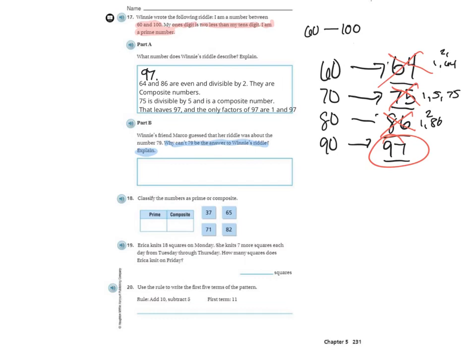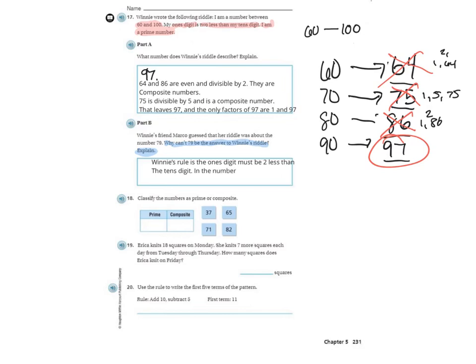So this is where you just explain Winnie's rule: the ones digit must be 2 less than the tens digit. And then you just tell me, I mean, obviously Mr. Carey knows that 79 is not correct, but I want you to tell me why you think it's not correct.